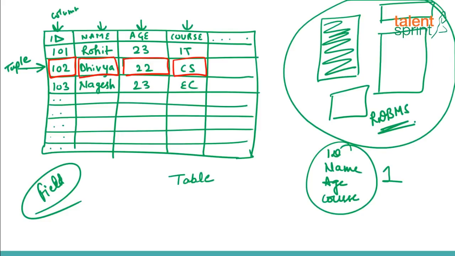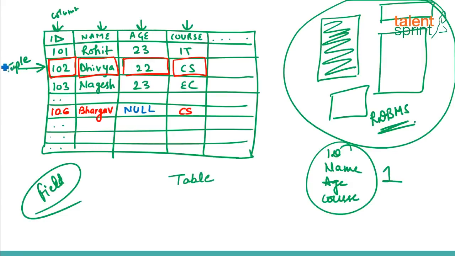Also, one thing that you will very often see is, say you are adding a data 106, let's say Bhargav, and you don't know the age, you leave it empty, you just say CS, right? So this empty field that you have put here is called as null value. When you don't put the value in any particular field, it takes the null value.